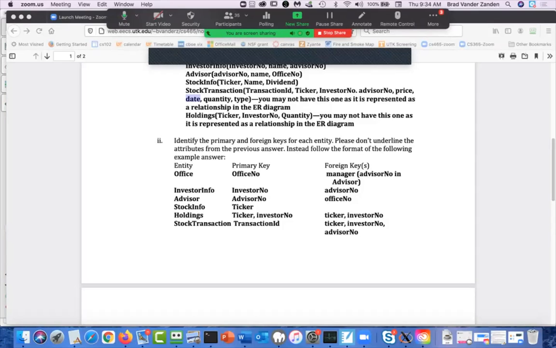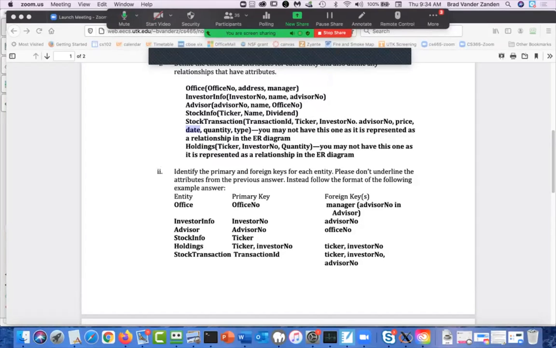And finally, we need foreign keys. If we're looking here for office, the manager is a foreign key because it's an advisor number. So that's why I said it's advisor number and advisor. For an investor, it has an advisor number. That's a foreign key into advisor.